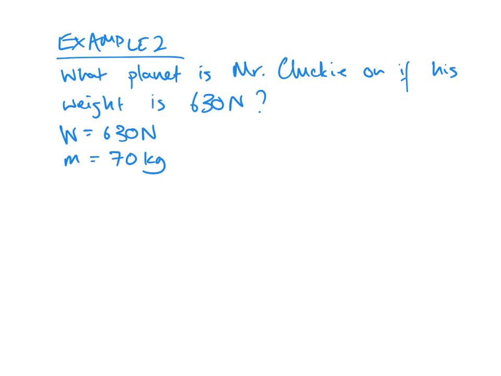But what is the question actually asking me? It's asking me what planet I'm on, but that's not something that I can put in a calculation. But what I can use is this idea we've just introduced, that different planets have different gravitational field strengths. So if I know the weight and I know the mass, I can work out the gravitational field strength of the planet that this was measured on.